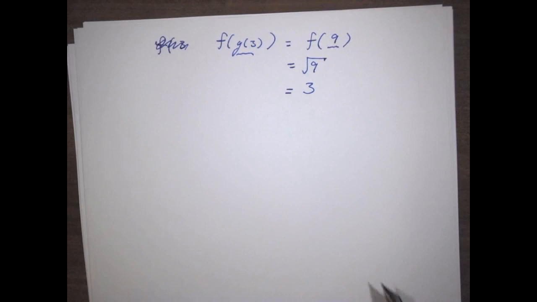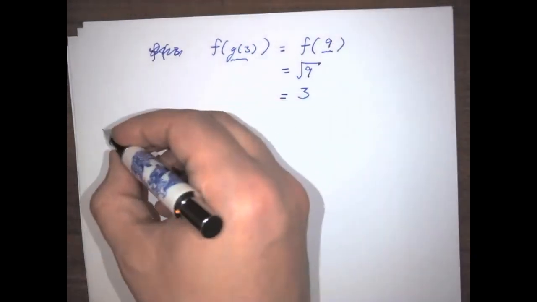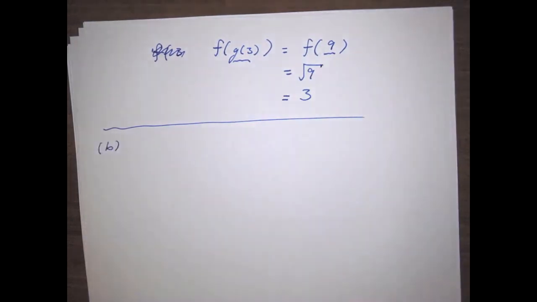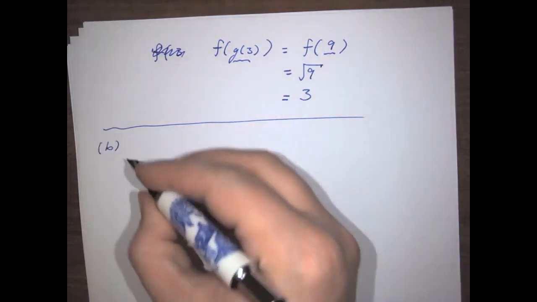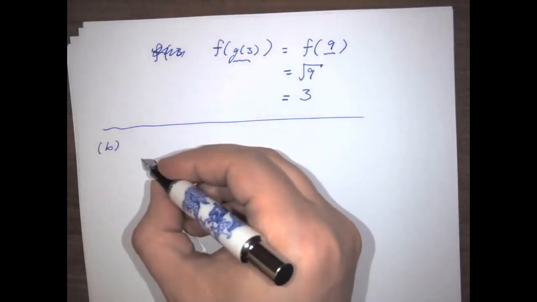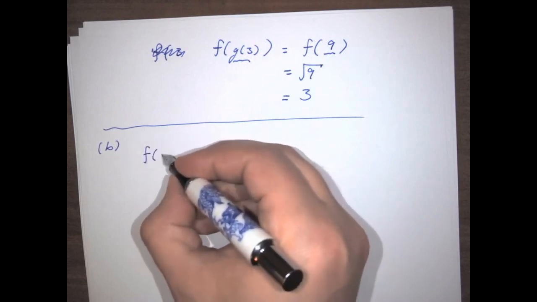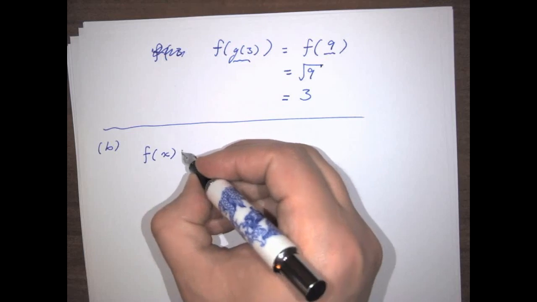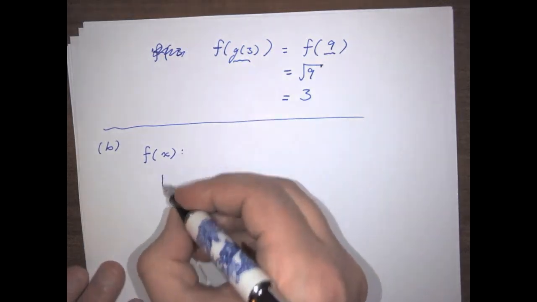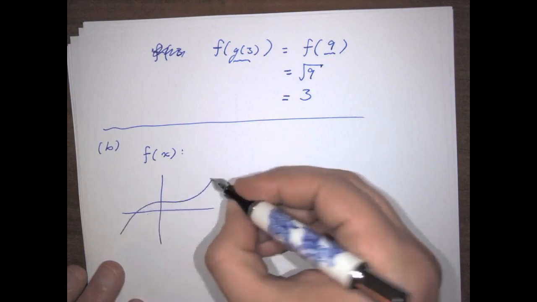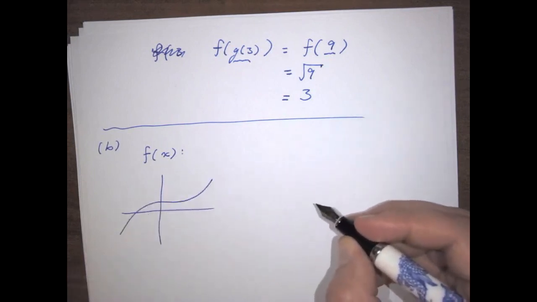Okay, so there's that. Now b, we're going to take a different style of functions for our f and our g. So let's say that in b, f of x is the graph that goes like this.